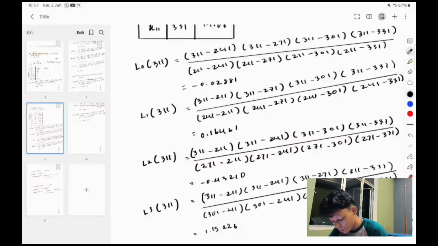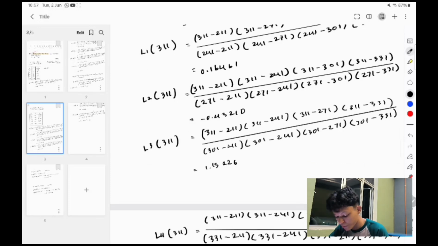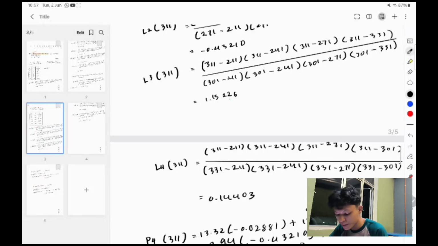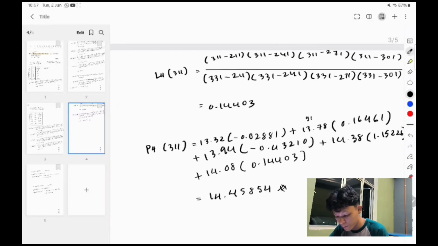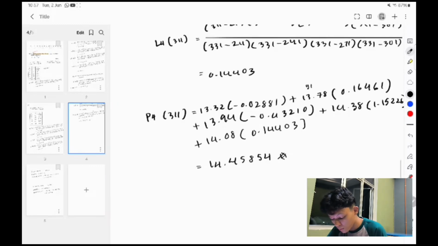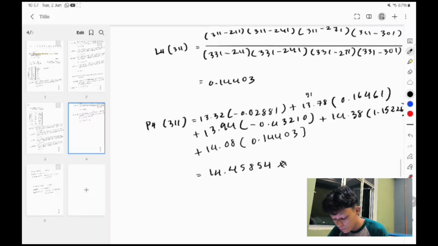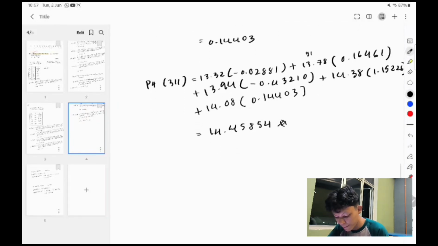Okay, L1 we got 0.16461, and L2 we got negative 0.43210, and L3 we got 1.15226, and for the last, L4 we got 0.14403. For the P4 formula we substitute all of L0 until L4 into the P4 equation, and we got 14.45854.